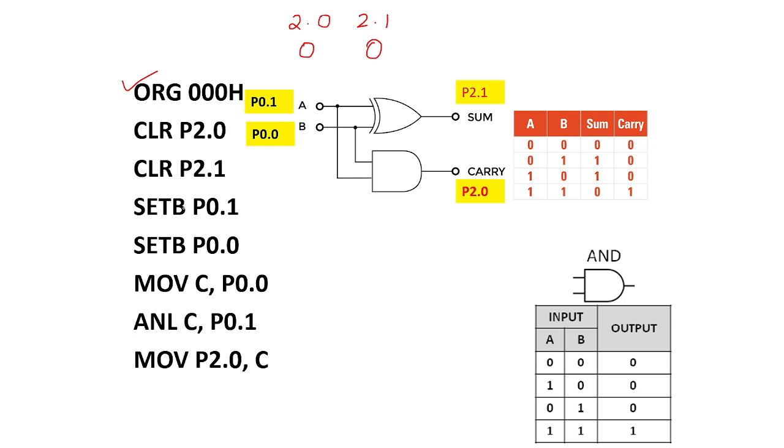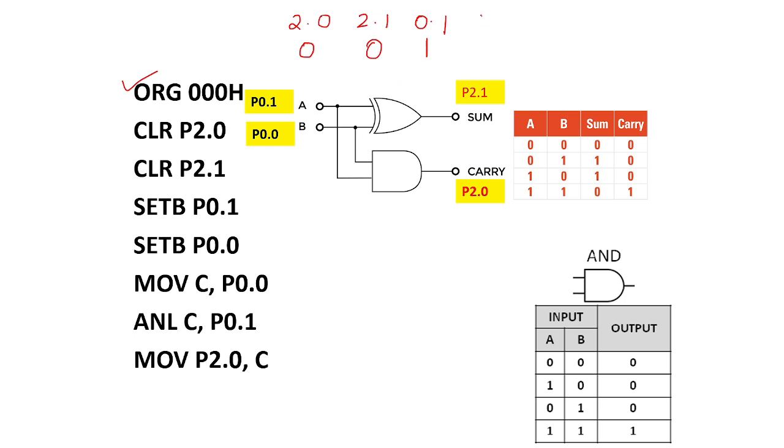Then the fourth instruction, SETB P0.1, sets the bit port 0.1 to 1. That means port 0.1 now holds the value 1. Similarly, set the bit 0.0 to 1.